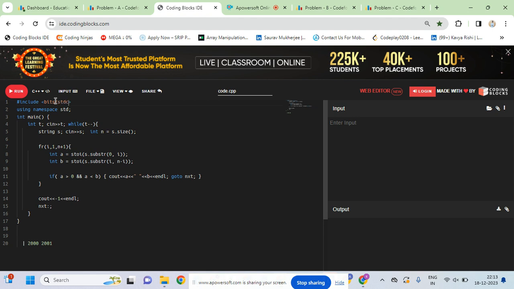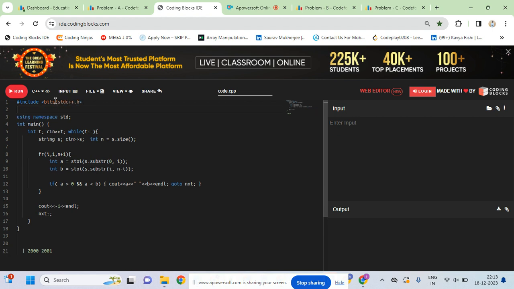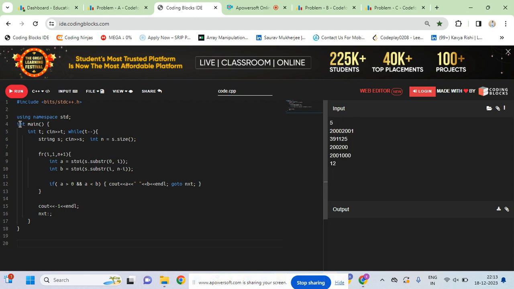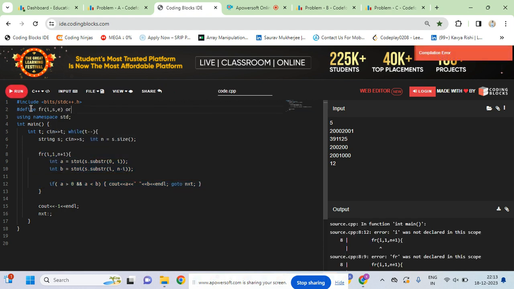bits/stdc++.h. Let's run it on some test cases. I have not defined this, my template for loop, the only template that I use.